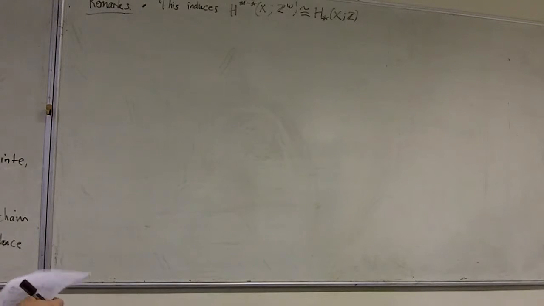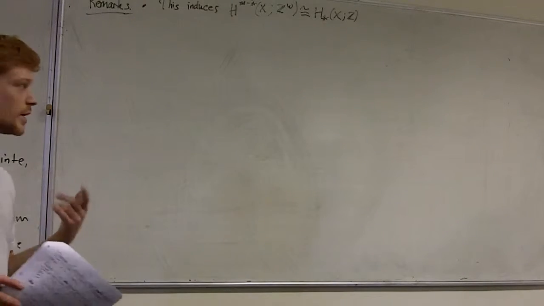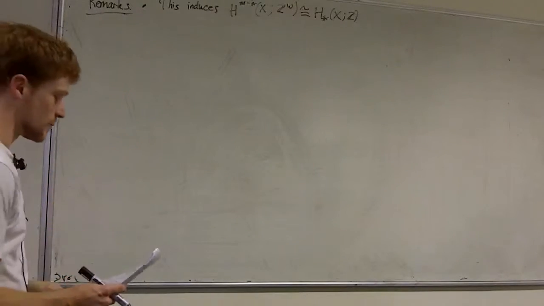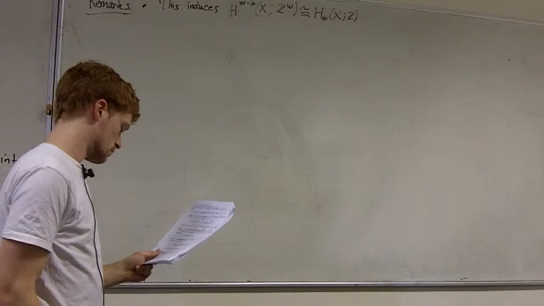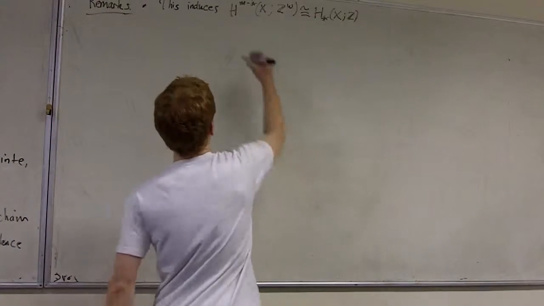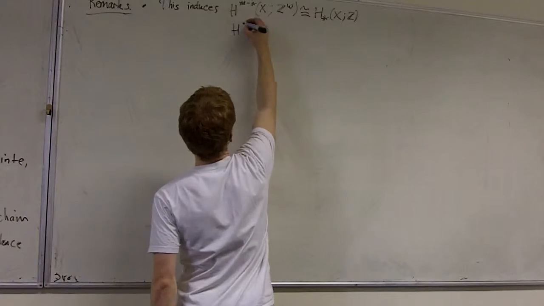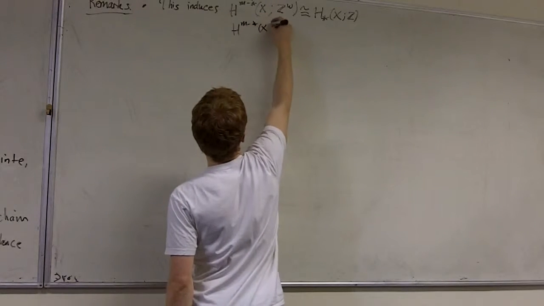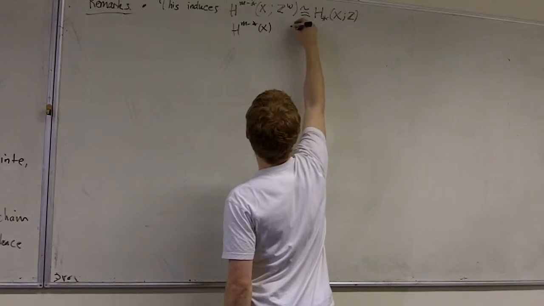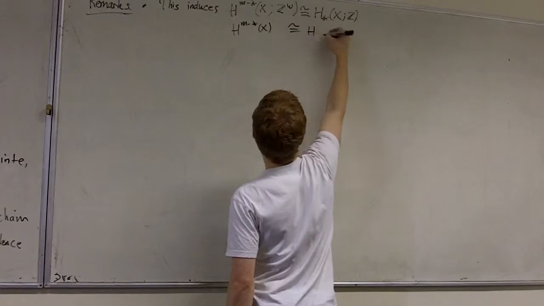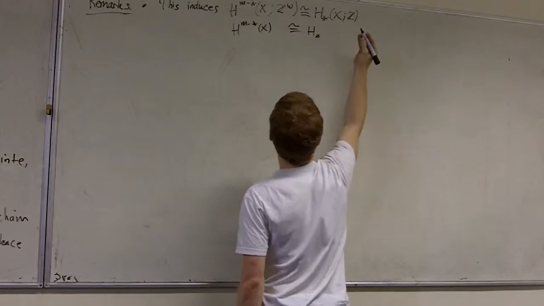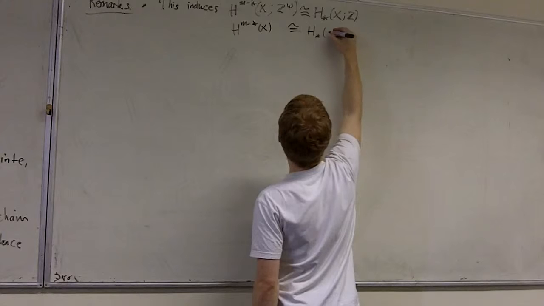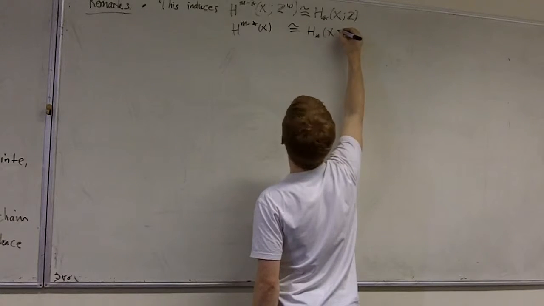So passing through this twisted Poincare duality is going to twist or untwist your coefficients depending where you started. Usually I'll drop the Z if it's just in the integers.